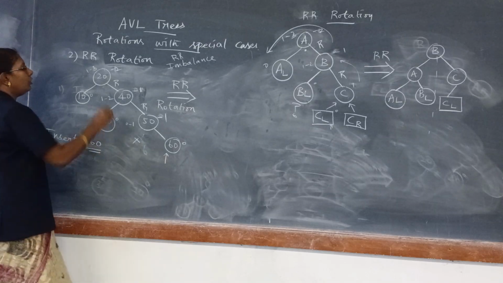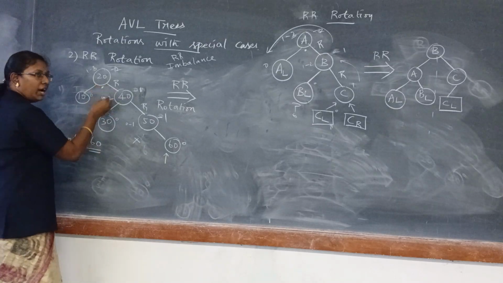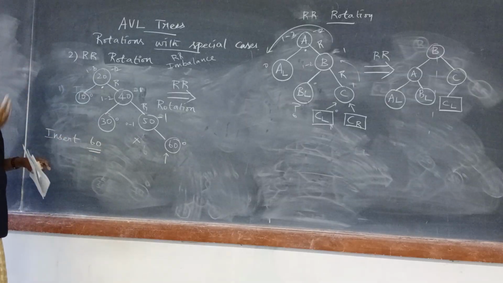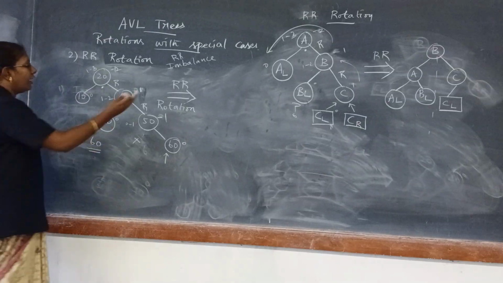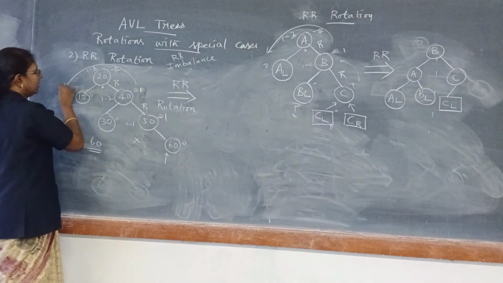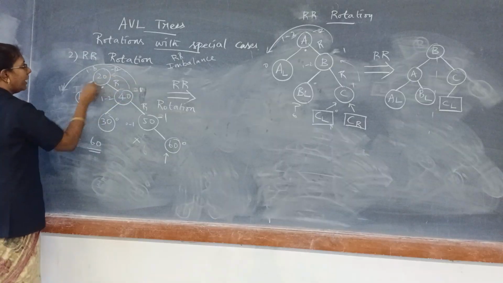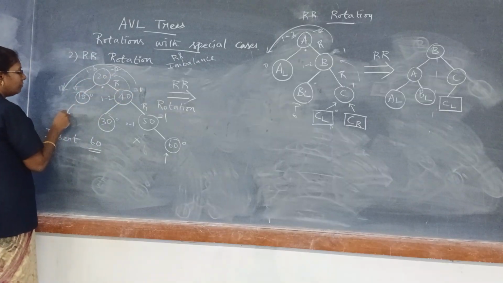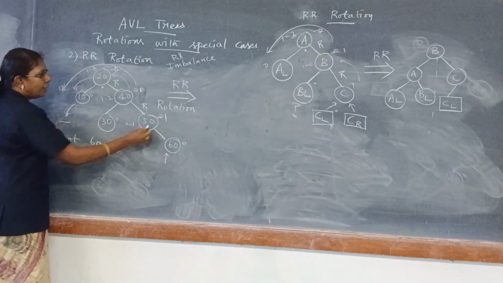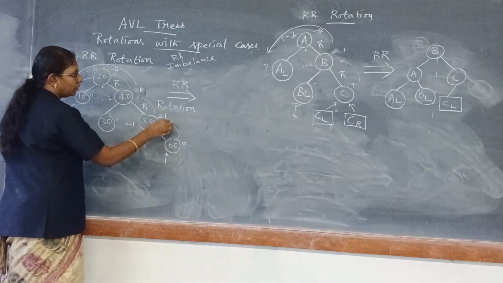So what I'm going to do is keep this as a pivot point and drag everything towards the left-hand side for RR rotation. So 40 will come to this point and 20 will come to this point, and 10 will go to the next level on the right-hand side, and 50 will come to this point and 60 will come to this point.